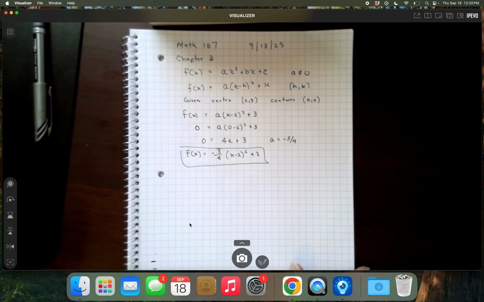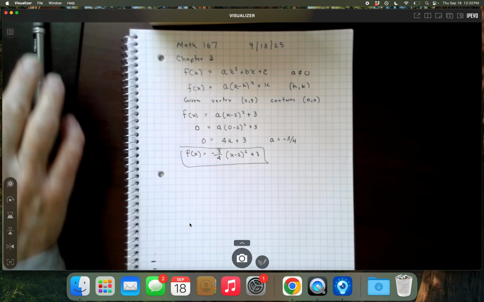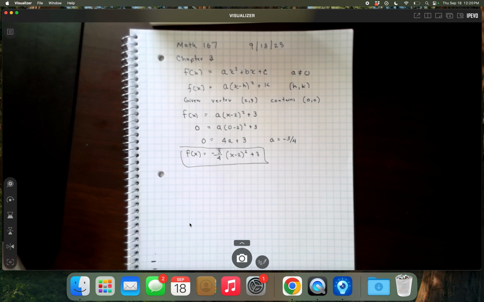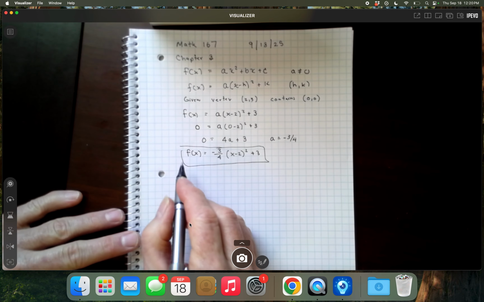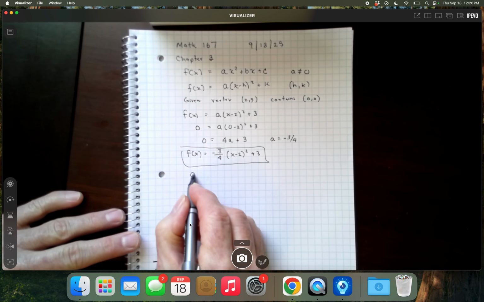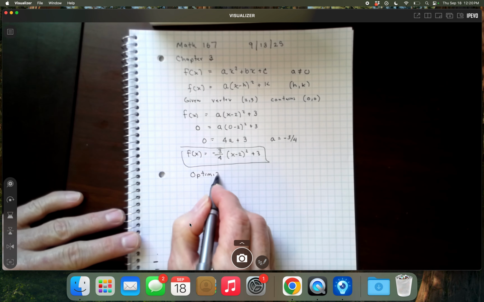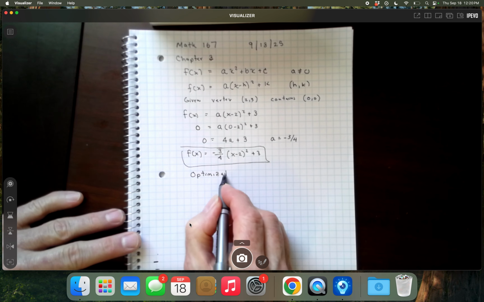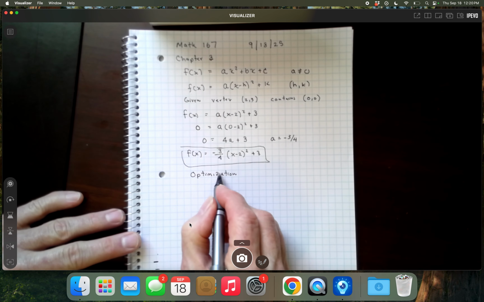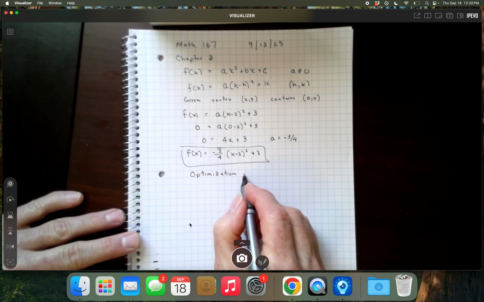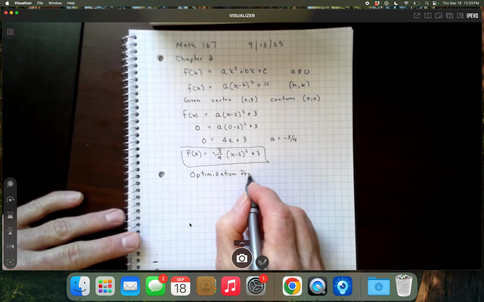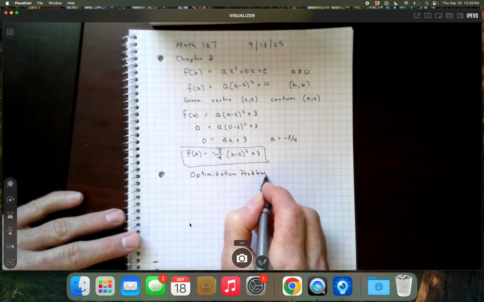Now, another problem before we move on to the next topic is we're going to do an optimization problem. We did one last class, finding a point on a line closest to another point. For this particular problem, I want to do the following.